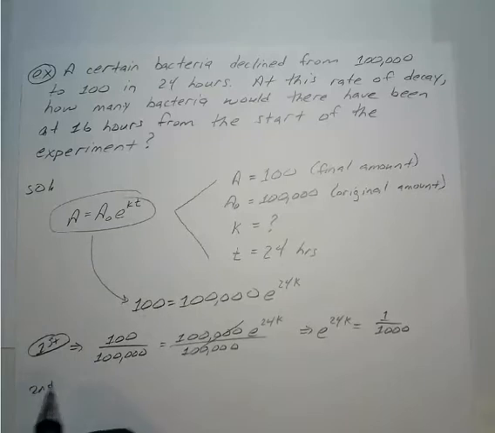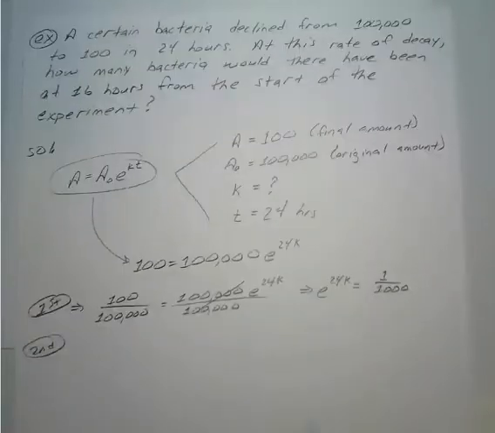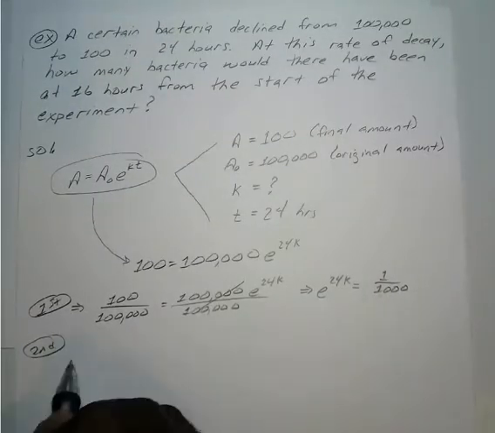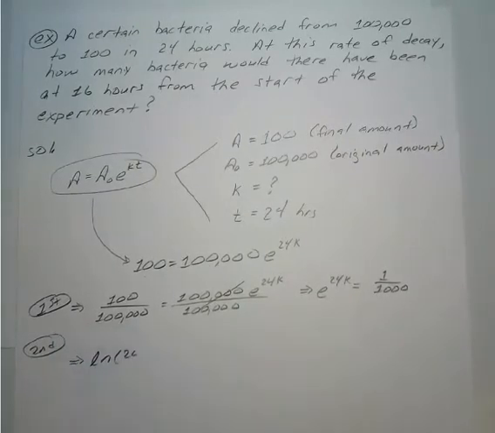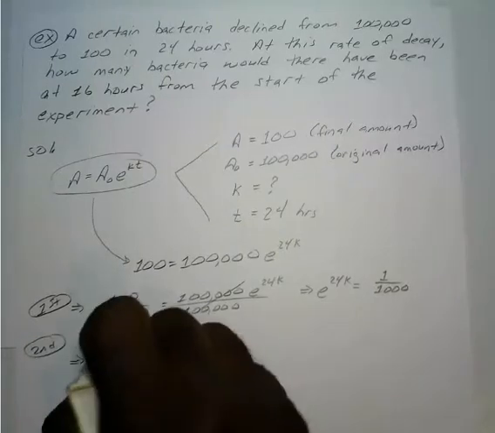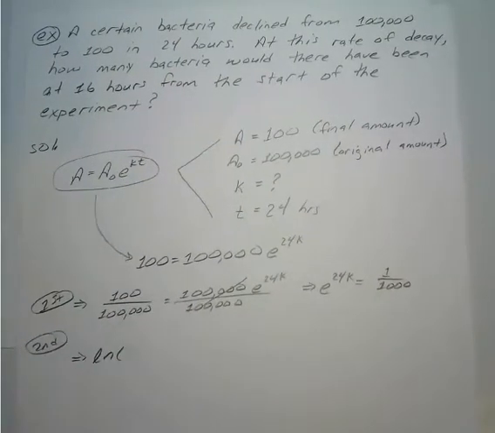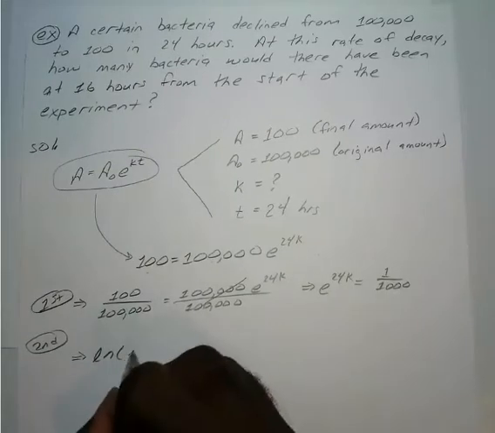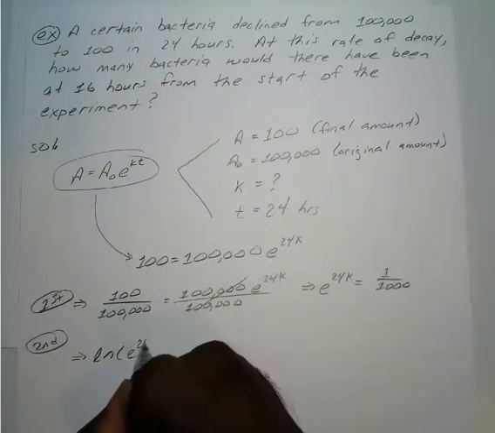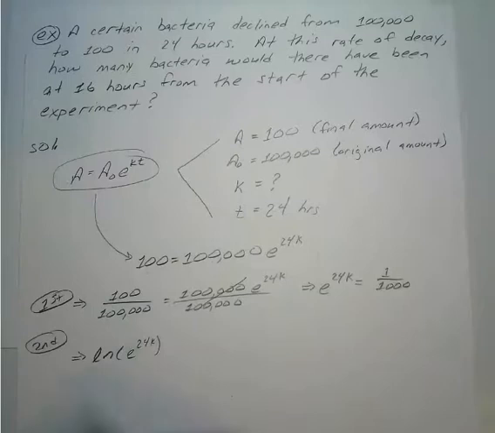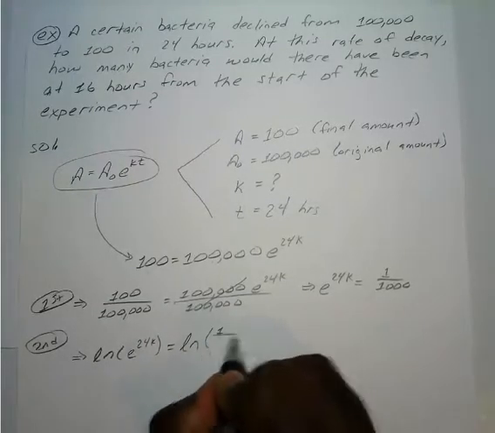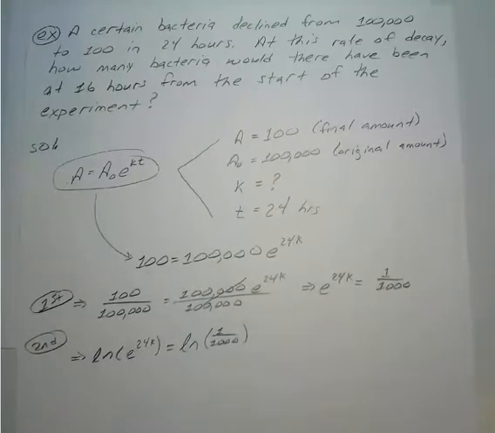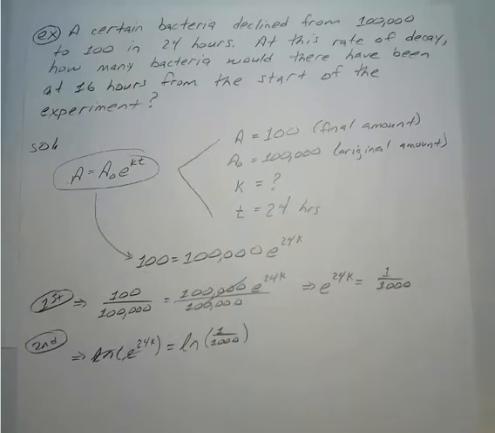And your second step, to apply the natural log. So if we apply the natural log to both of those, we have the natural log of e to the 24k equals the natural log of 1 over 1,000. Okay, so your natural log and your e cancel each other out.